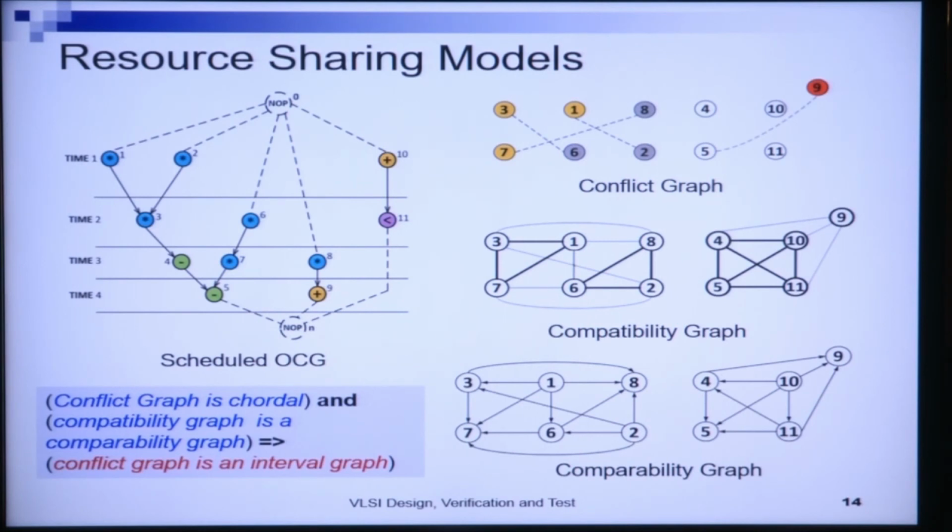But why are we studying these graphs? By studying the chordal graphs and the comparability graphs, we can find out whether the graph is an interval graph or not. If my conflict graph is a chordal graph and the compatibility graph is a comparability graph, then the conflict graph is an interval graph.